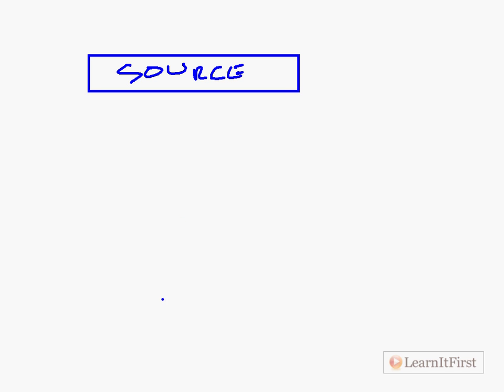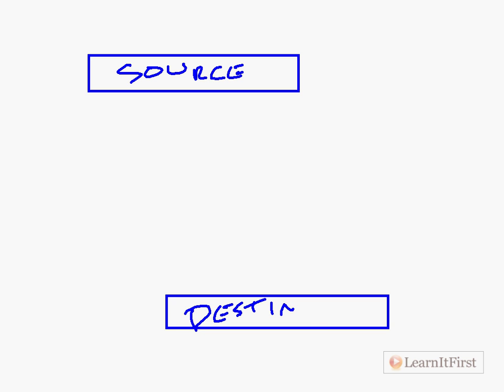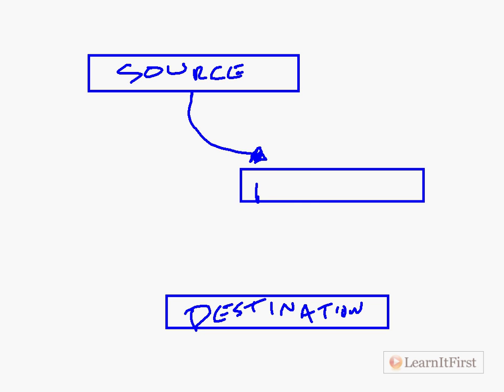And so again, we've got a source and a destination, and I'm not going to mention a particular row set transform by name because there are several. I'll show you here. So some row set transform, and a lot of times you'll see it abbreviated XFORM, transform.